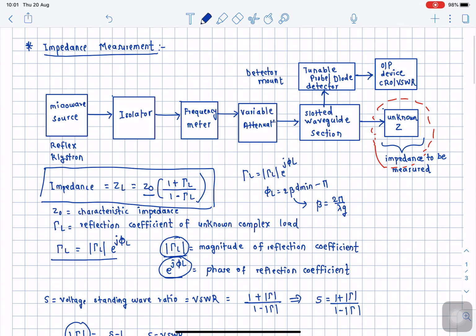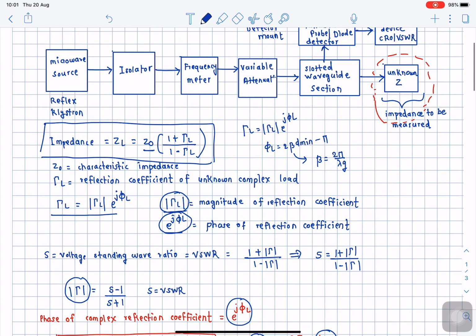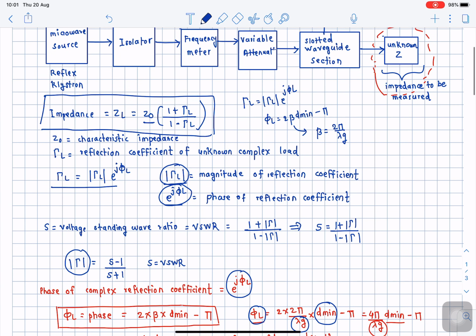The same type of setup is used for the impedance measurement. First of all we should know the VSWR developed by this unknown impedance. By knowing the VSWR, we will calculate the magnitude of the reflection coefficient, and then proceed to find the phase of the reflection coefficient.